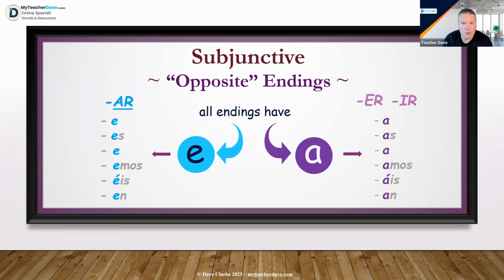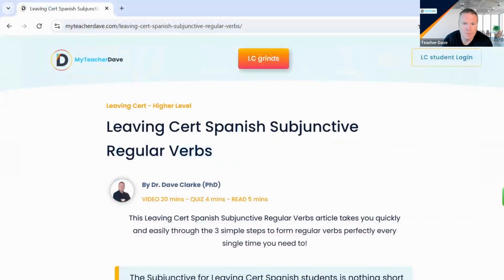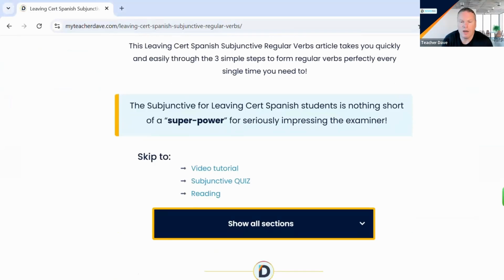Now, for those of you who haven't covered this, you can head across to the website. I'll leave a link below in the description for you. It'll be myteacherdave.com/leaving cert Spanish subjunctive regular verbs. What you'll see on that page is a blog article.